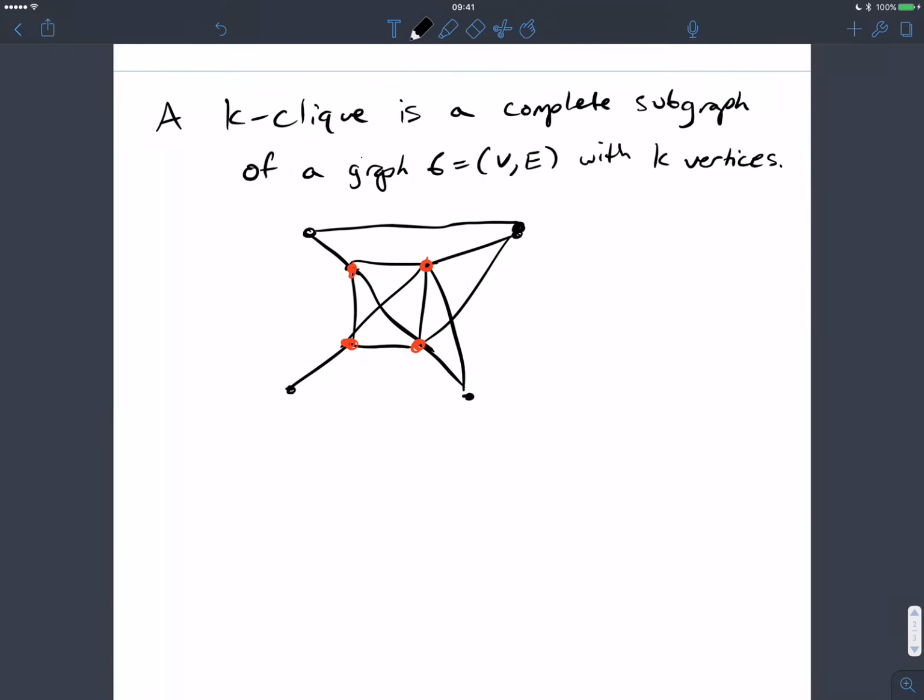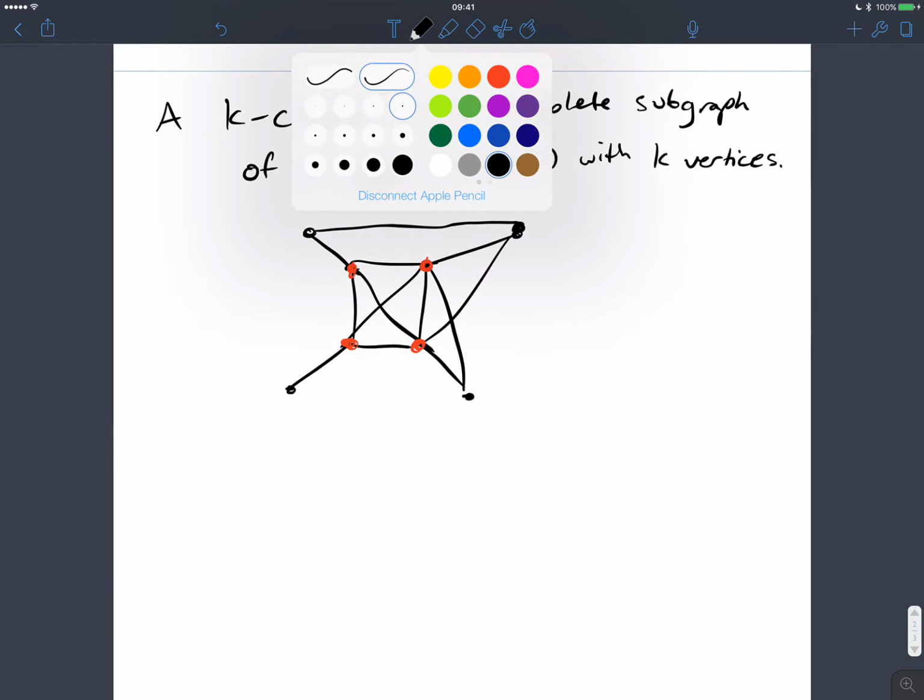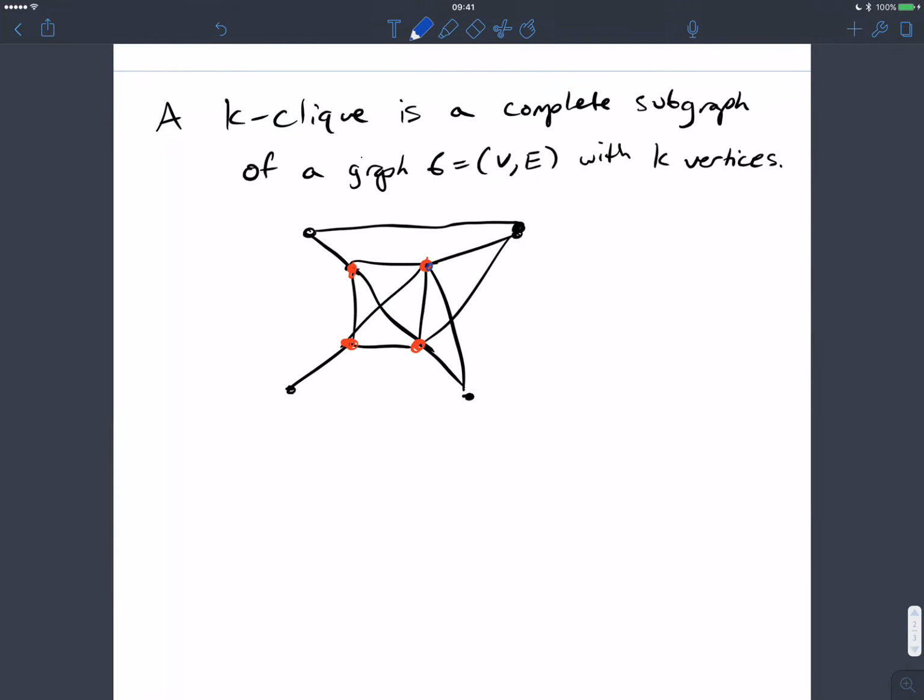There are many other k-cliques in here. For example, every single edge is a 2-clique because every single edge among those two vertices is there. There are several 3-cliques. Let's just do them in blue, let's say. So these three vertices form what is called a triangle, which is a 3-clique. So among those three vertices, every single edge is present. Okay?